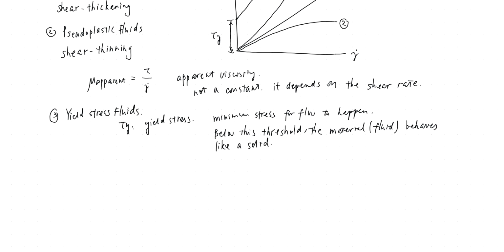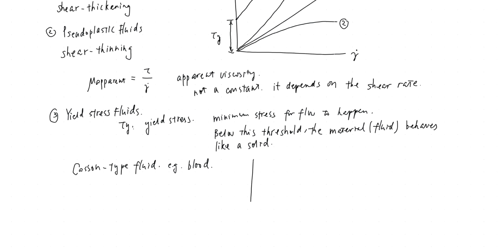For example, blood has a yield stress. It is related to the previous lecture, when we discussed the physical properties of blood, because of the red blood cells.